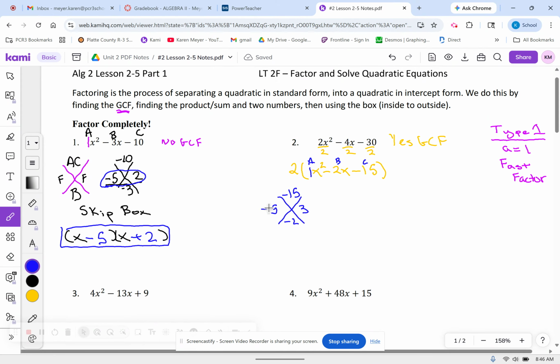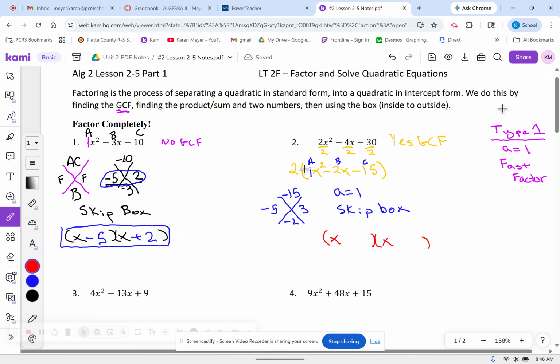And then I noticed that my A was 1 because I took out the GCF. So since my A was 1, that puts me into my fast factoring. So I get to skip the box, and I get to go straight to my two parentheses. So x.